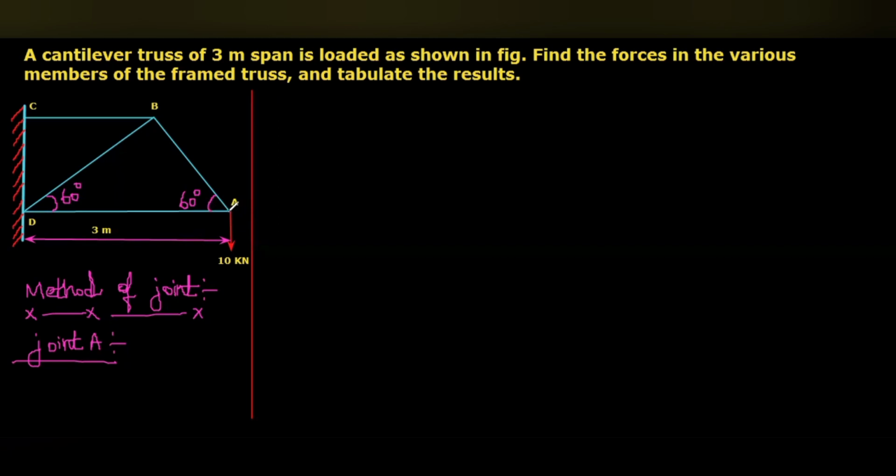So for the free body diagram of A, the 10 kilonewton point load will act, and the forces in members AB and AD will also be there.